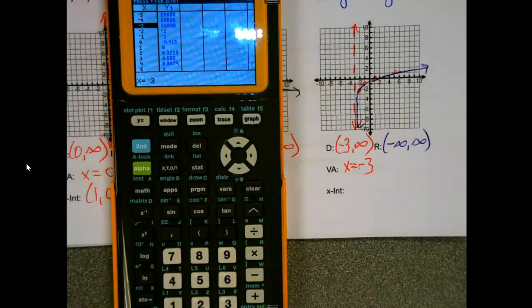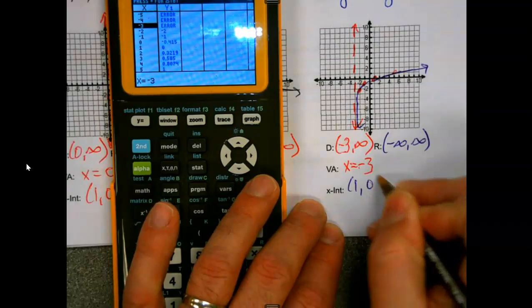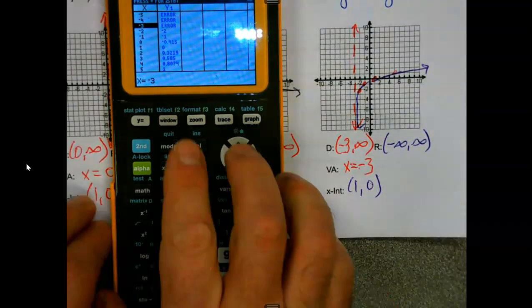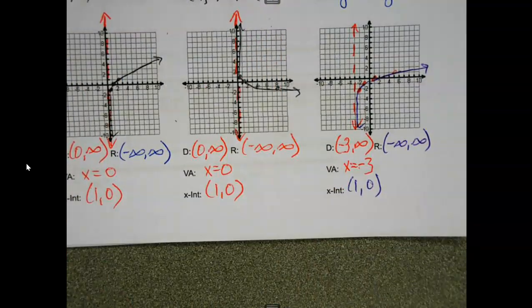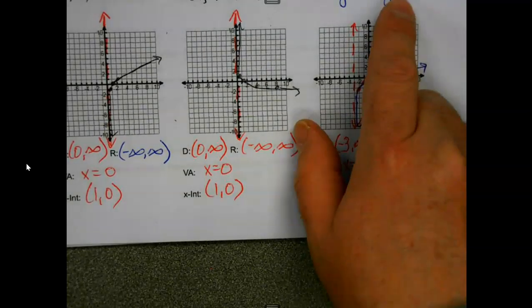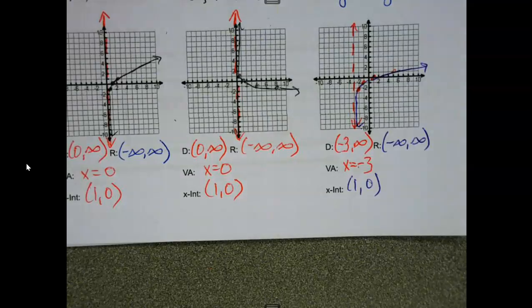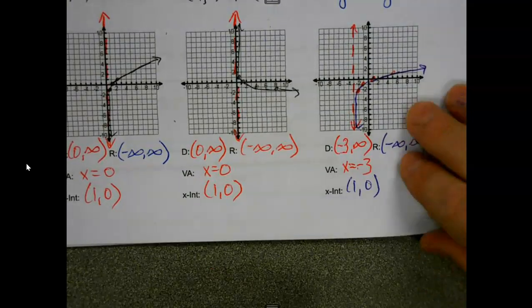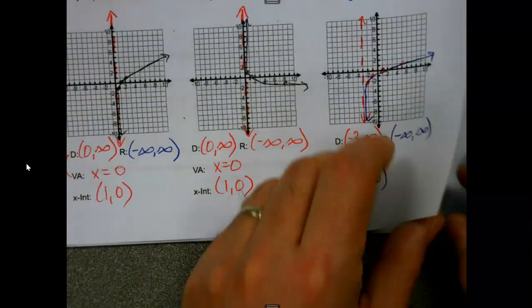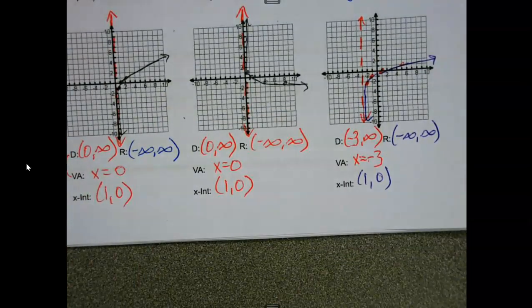My x-intercept didn't end up moving. It's still at 1, 0. Just the way that things move. So that's the fun part. When you have to deal with the shifts, that's not as much fun, but it's still palatable. Okay? And you're like, wait, that's it for the note? That's it.